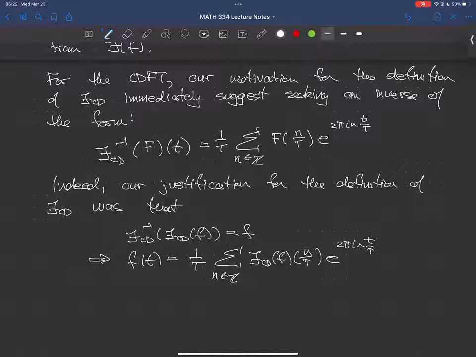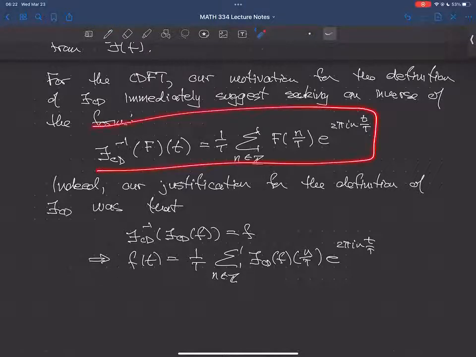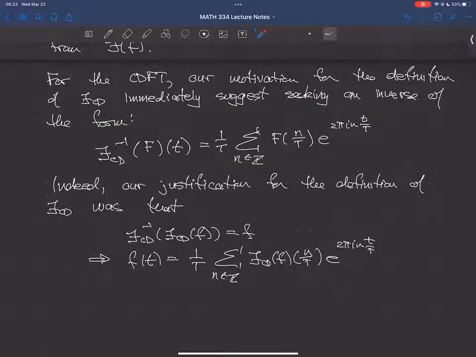So that's the CDFT. So our inverse looks like this. Okay, now what we're going to do for the other cases is we're going to do like we did for the definition of the forward transform, and that is we're just going to proceed by analogy.